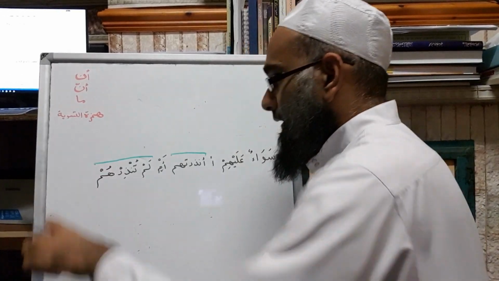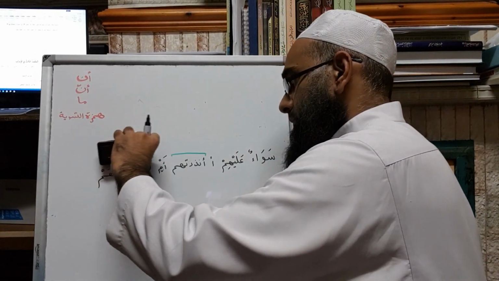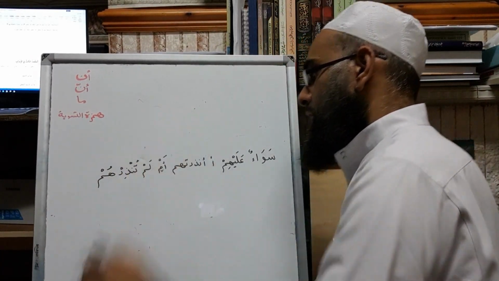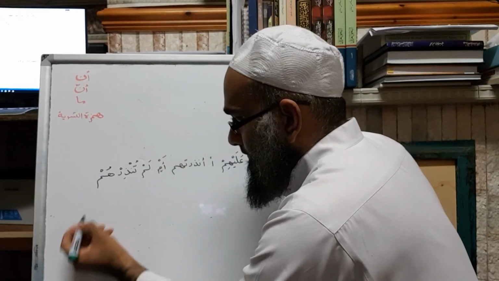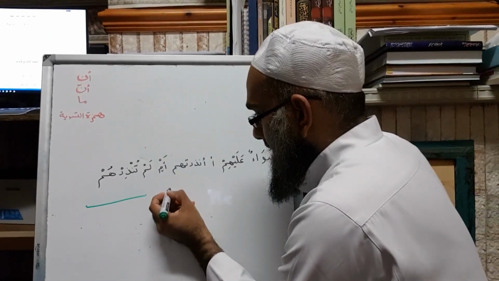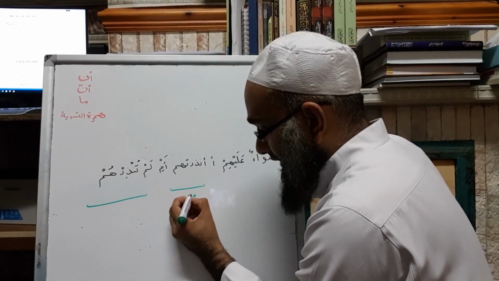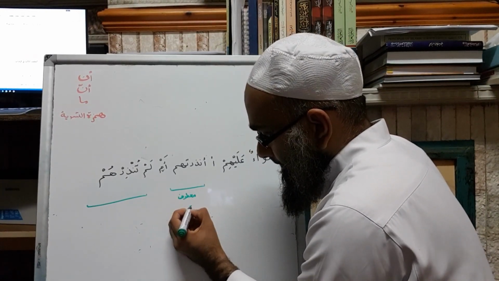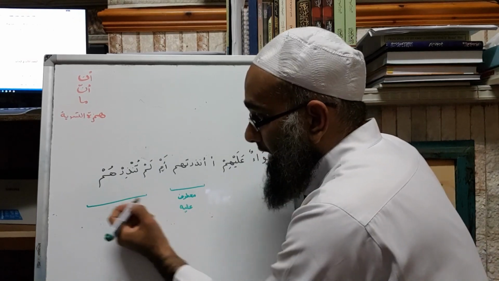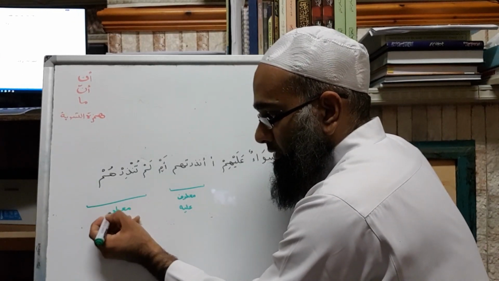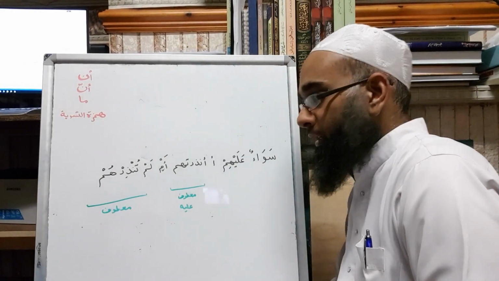So let's press at the bottom. Okay. So basically we have here, this is what? أنذرتهم is معطوف عليه. Correct? And لم تنذرهم is معطوف. Okay.